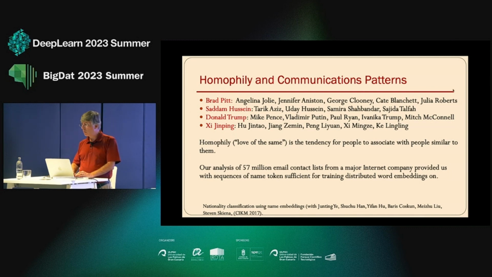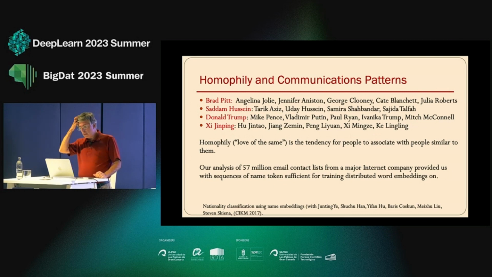Probably actors who are big stars. If you are a Chinese leader, who are your friends going to be? Probably other Chinese leaders. If you are a young graduate student in a Spanish university, who are your friends going to be? Probably relatively young Spanish people.